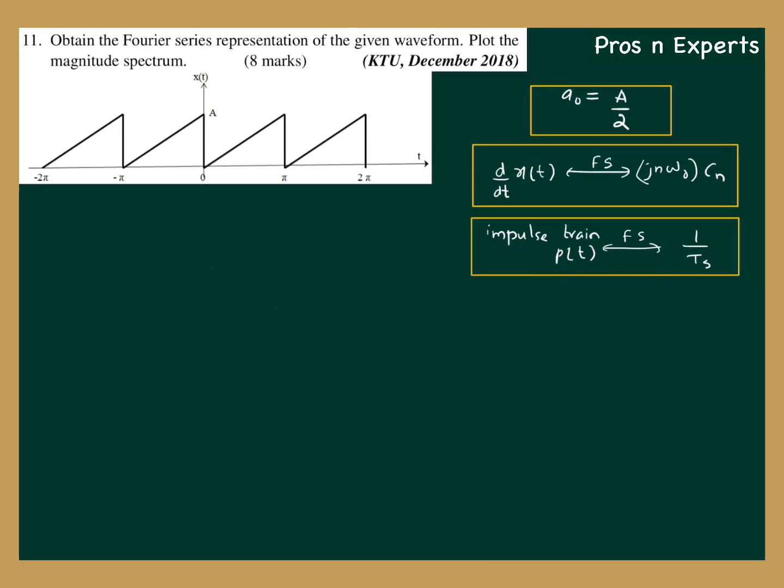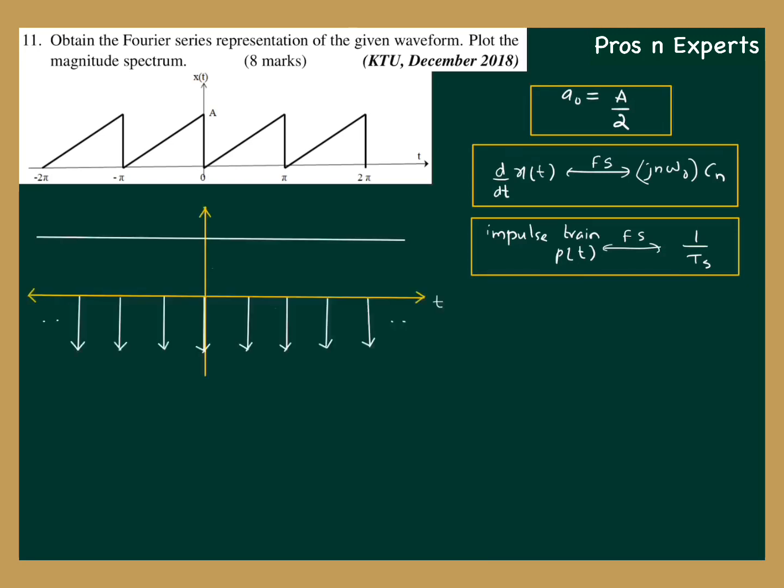Now listen very carefully. Students, consider this signal. I'm considering a g of t signal with a DC component A and an impulse component A del of t.